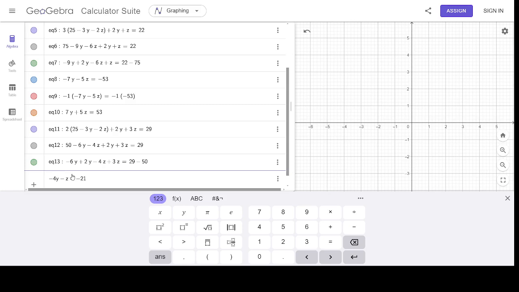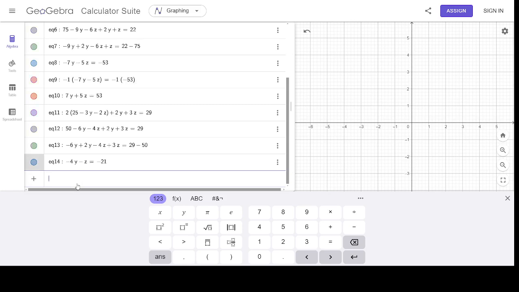Doing the same thing that we did the previous time. You remember when we multiply through by -1, to make everything positive. So I don't need to show this step now. I'm just going to multiply without writing. So this is going to be 4y plus z is equal to 21.